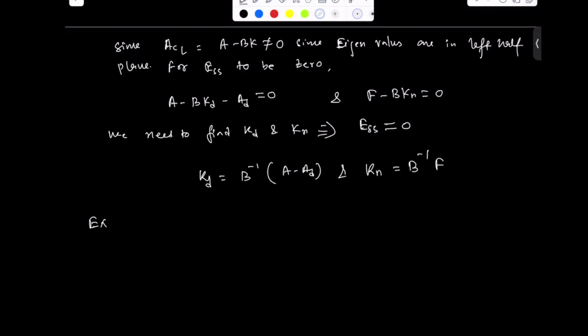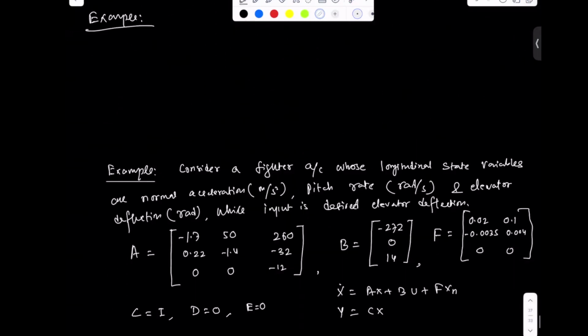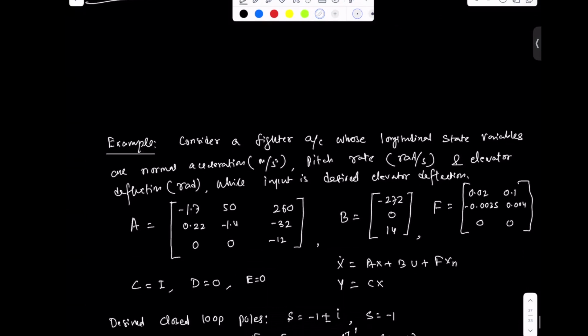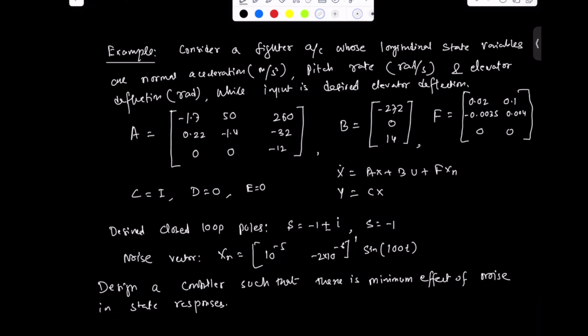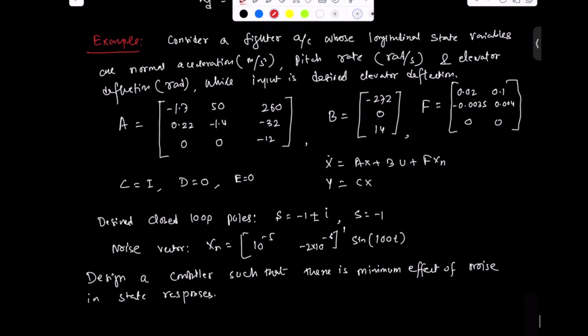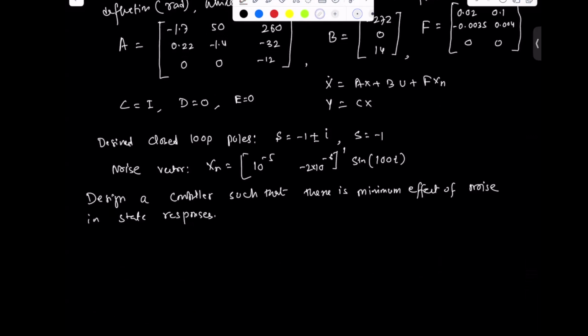Example. So here we are going to consider the same example we did in the last lecture, but we modify it a little bit.